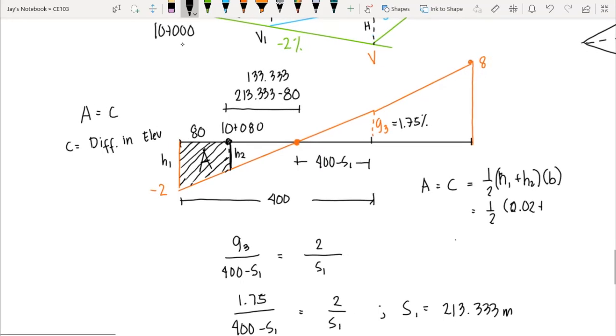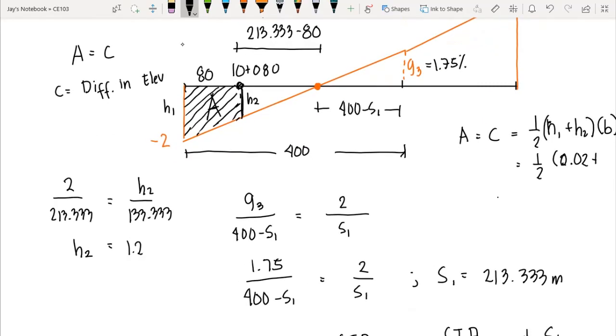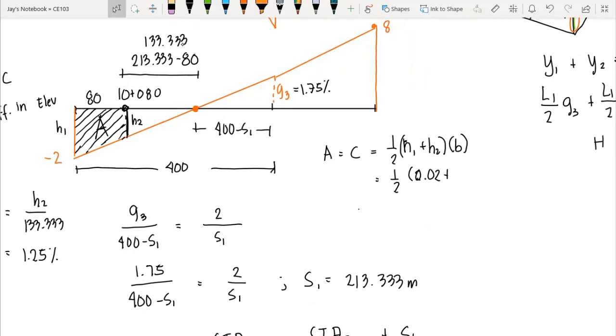So we have ratio and proportion in which we have 2 over 213.333 equals H2 over 133.333. So we have H2 here, which is equal to 1.25%.